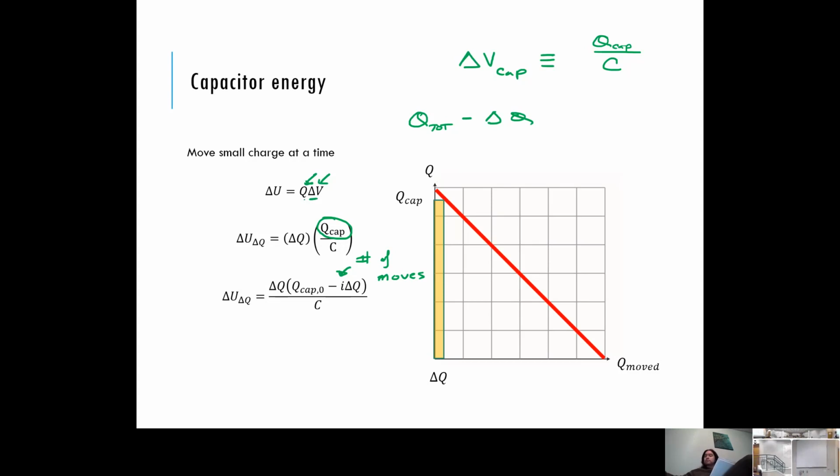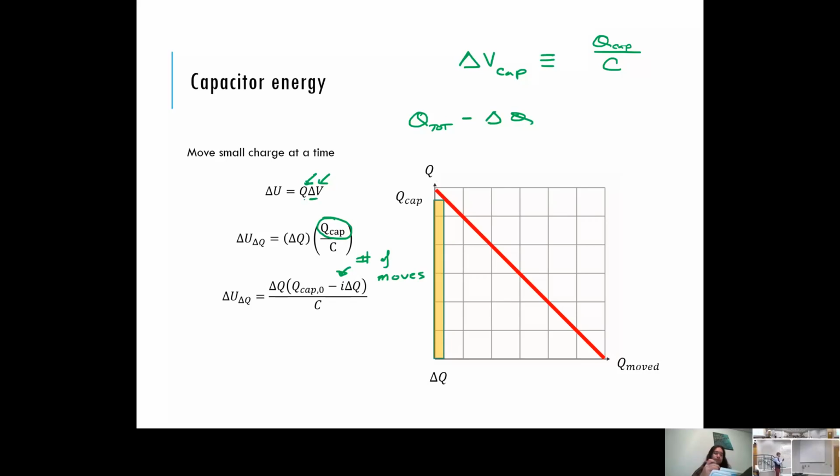Now notice, on the right-hand side, I've got a graph for you. I have plotted on the horizontal axis the amount of charge that has been moved, and on the vertical axis, I am plotting the charge on the capacitor. And you notice there should be a one-to-one relationship, right?